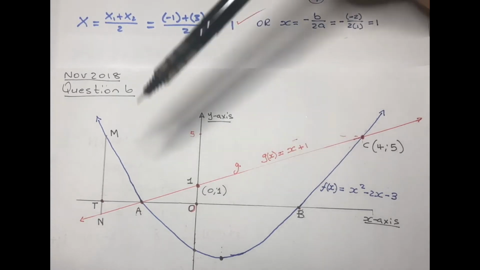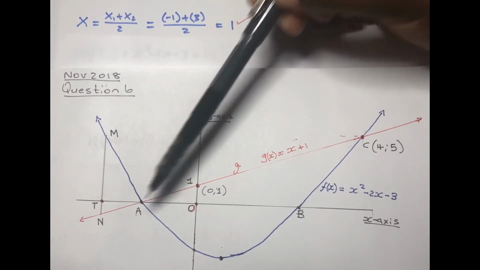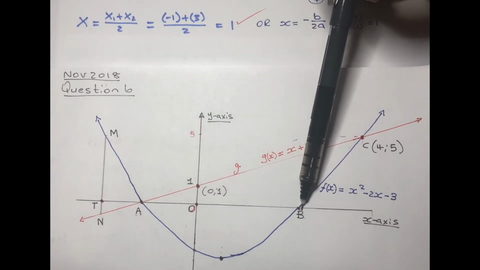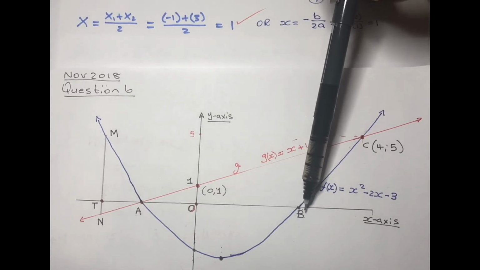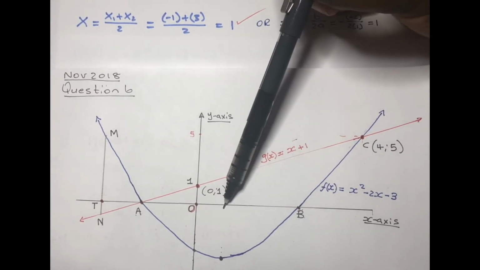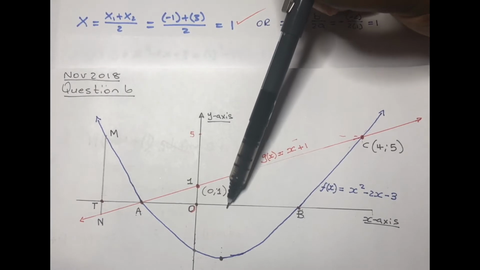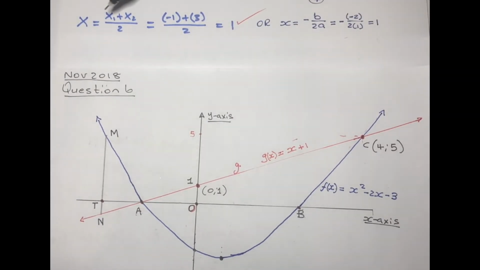So you can sum the x values of these coordinates and divide them by 2. In that way, you'll have the x value in between. That's why the formula there is x equals x1 plus x2, and you divide them by 2.